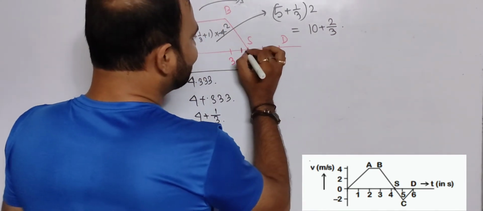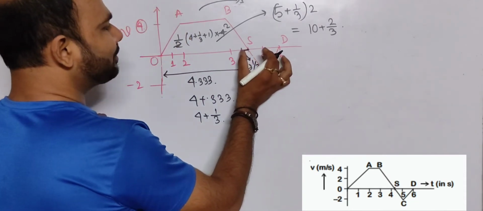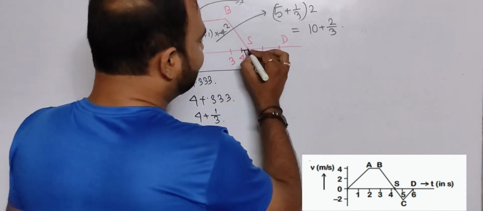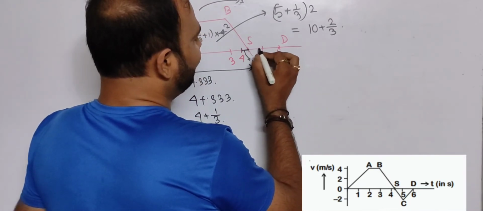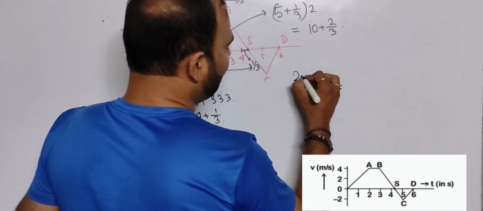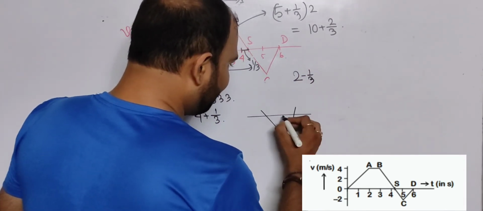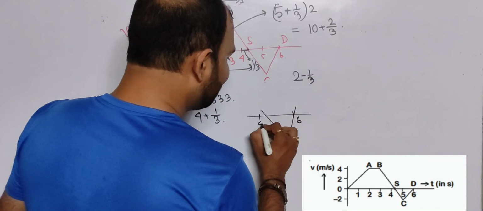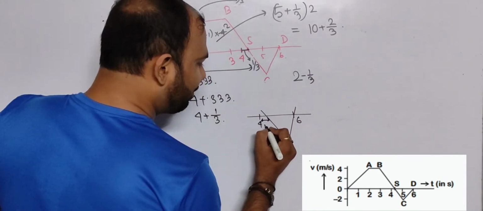Now in this case, this is 1 by 3 and this is 5. So the base of the triangle is 2 minus 1 by 3. Here is 6, here is 4. This is 0.3, so 1 by 3.